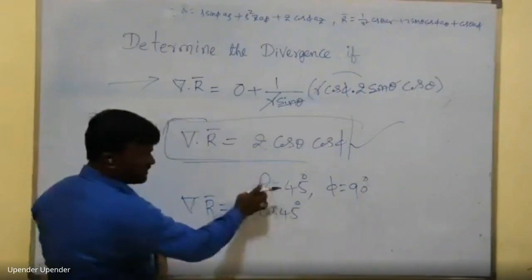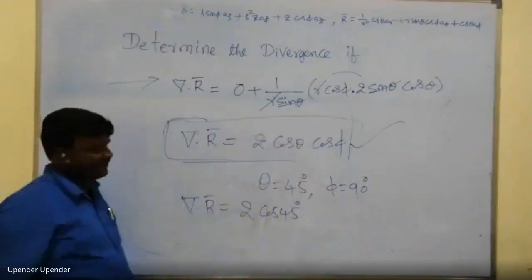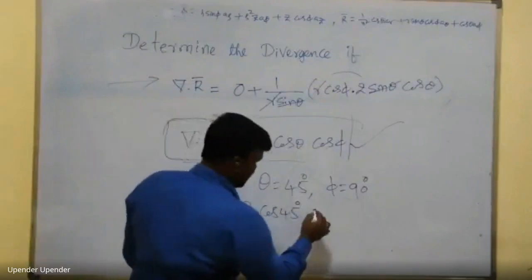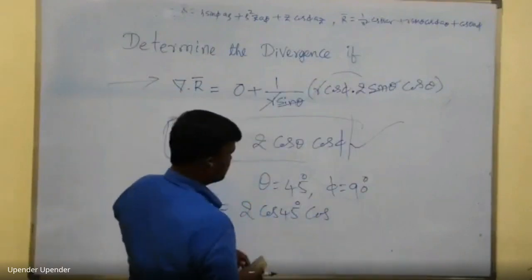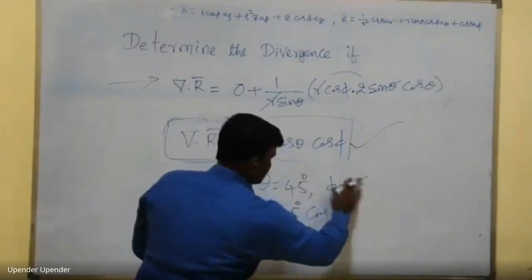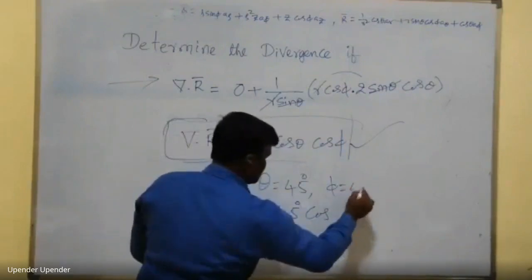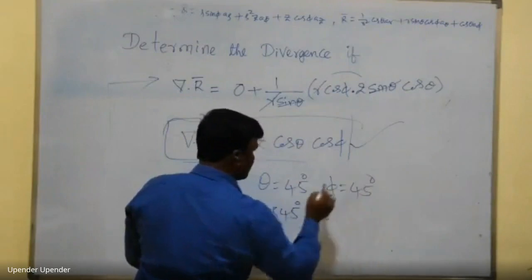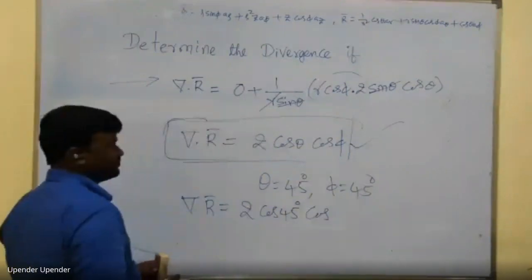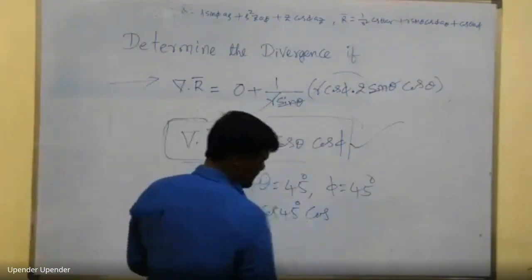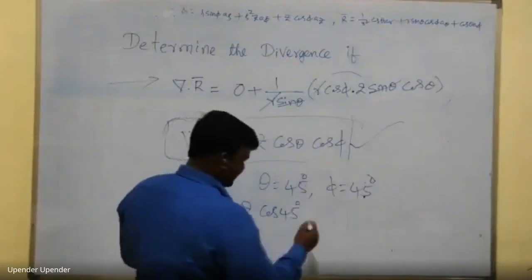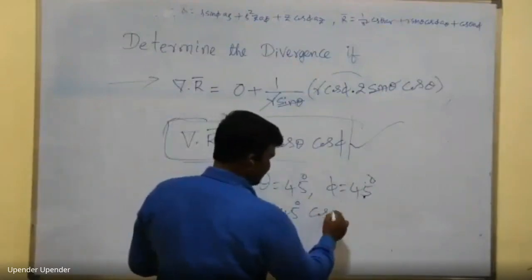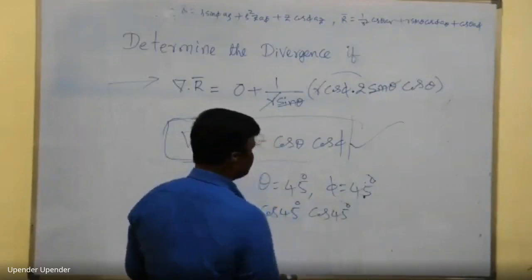I am substituting theta and phi in 2 cos theta cos phi. For simplicity, let us take 45 degrees for both, or any value, say cos 60 also you can take.